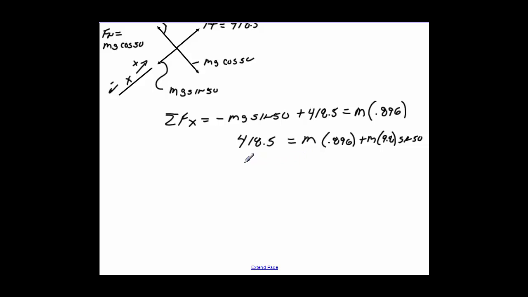When we run that number, let's rewrite that as 418.5 is equal to 0.896 mass plus 7.507 mass. Add these two together, which gives me a value of about 8.403 mass equal to 418.5.